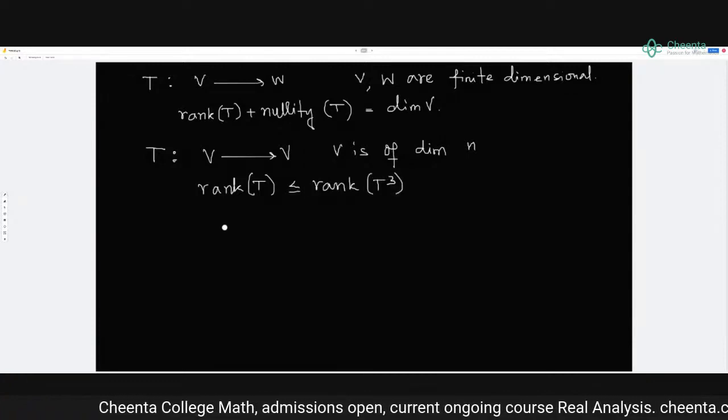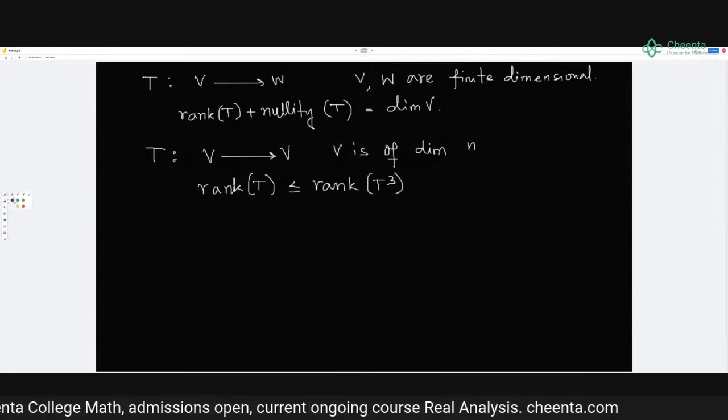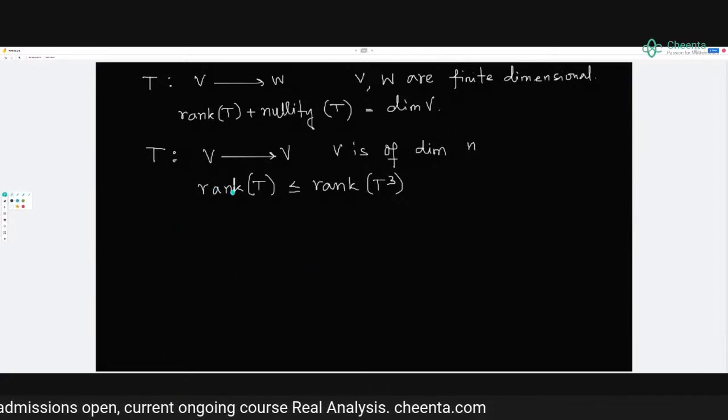Now as you can see, both, so I will write it in another color.